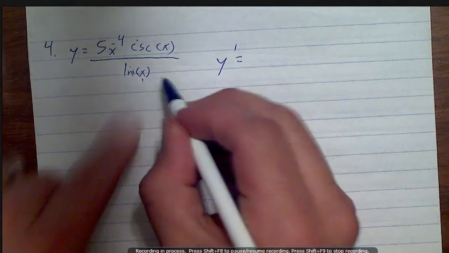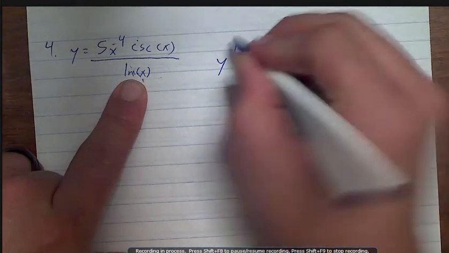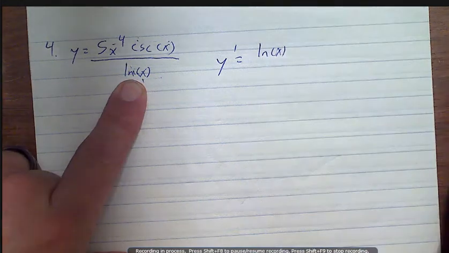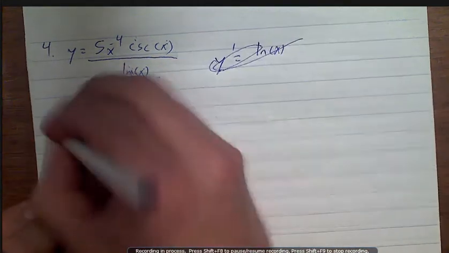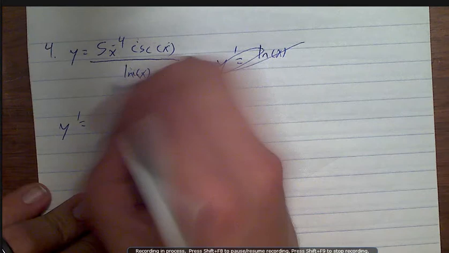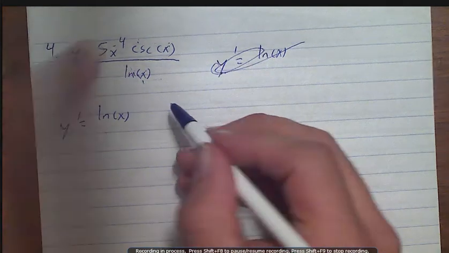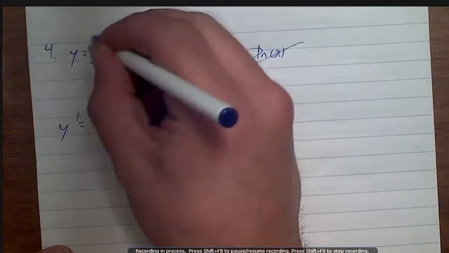Low is natural log of x. Actually, I'm going to start this over here. Natural log of x. So low, d high, so taking the derivative of this entire numerator, which would just be a product rule.